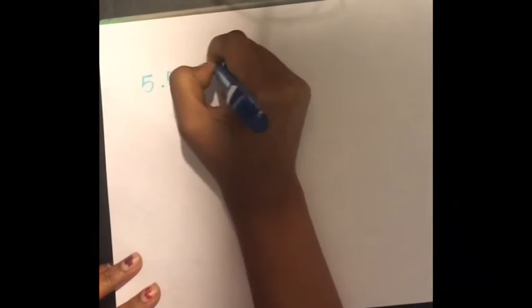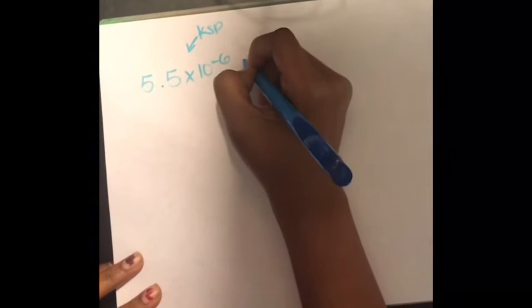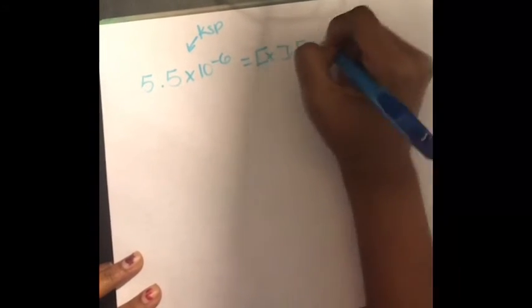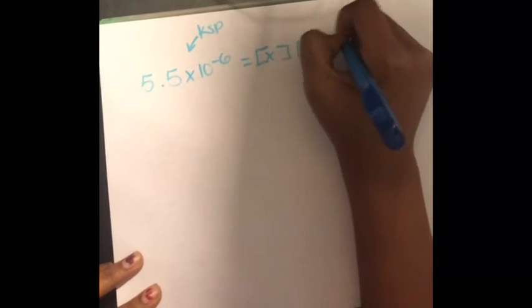After we do this, we have to set our final concentrations equal to the Ksp, which, if we look back at our given information, is 5.5 times 10 to the negative 6. So this is our Ksp, and it's going to be equal to the concentration of x times the concentration of 2x.